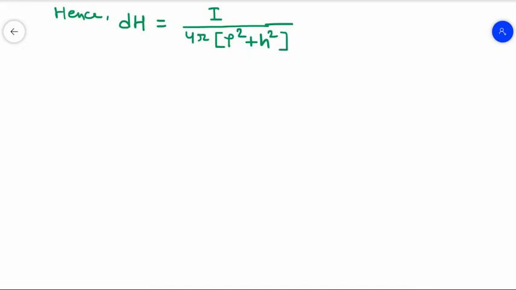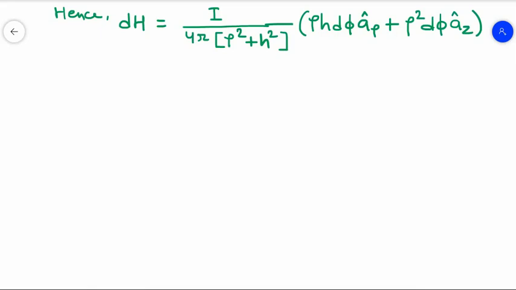So hence equation 1 will be dh equals I upon 4 pi, because it is ideal, and here it is rho square plus h square, and inside it is rho h d phi a rho plus rho square d phi a z.